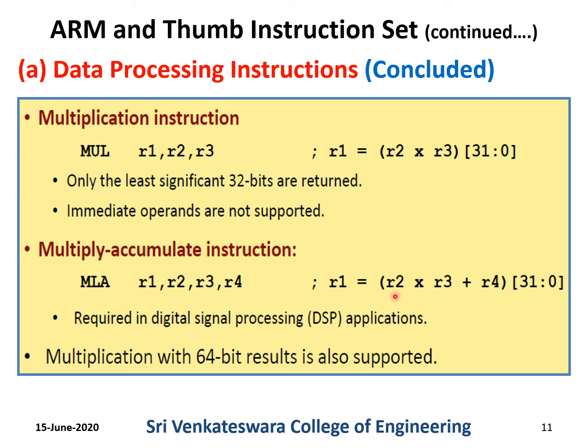R2 and R3 are multiplied, and to that R4 is added, and the least significant 32 bits alone are stored in R1. So whenever multiply operation is involved, the returned value will be 2n bits, but here the result will be the least significant 32 bits.